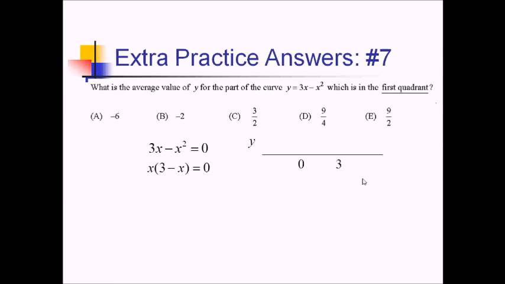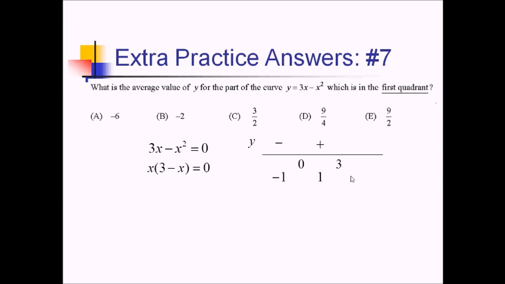So 0 and 3, these are border values. I'm going to do some sign analysis around these now to see where I have positive y values. Because if I want the first quadrant, at the very least, the y values need to be positive. So if I plug in a number less than 0, like -1, that's going to give me a negative and a positive, which comes out negative. If I plug in 1 here, that's going to give me a positive, so positive.